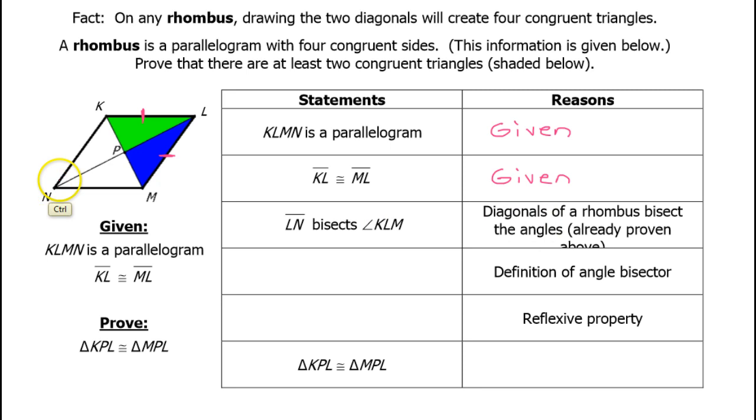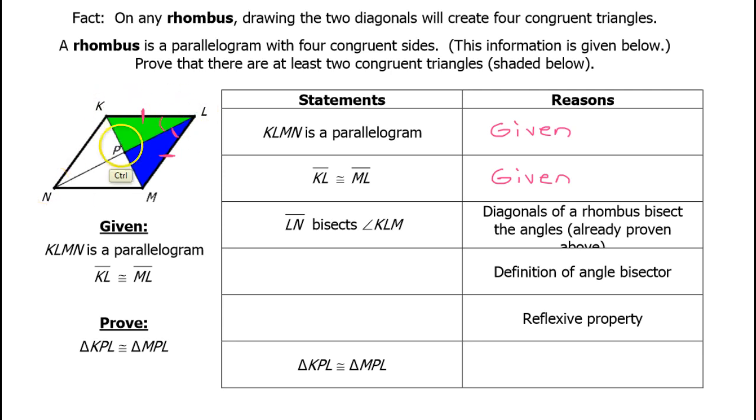So now we know that LN is the angle bisector. That means, what is going to be congruent to what? Well, if this is the angle bisector, then this angle is going to be congruent to this angle. So that's angle KLN.